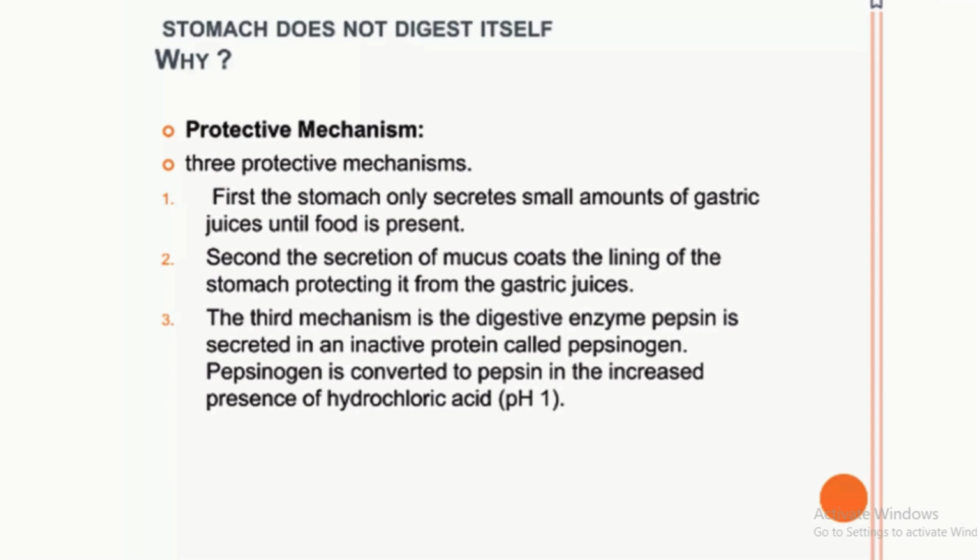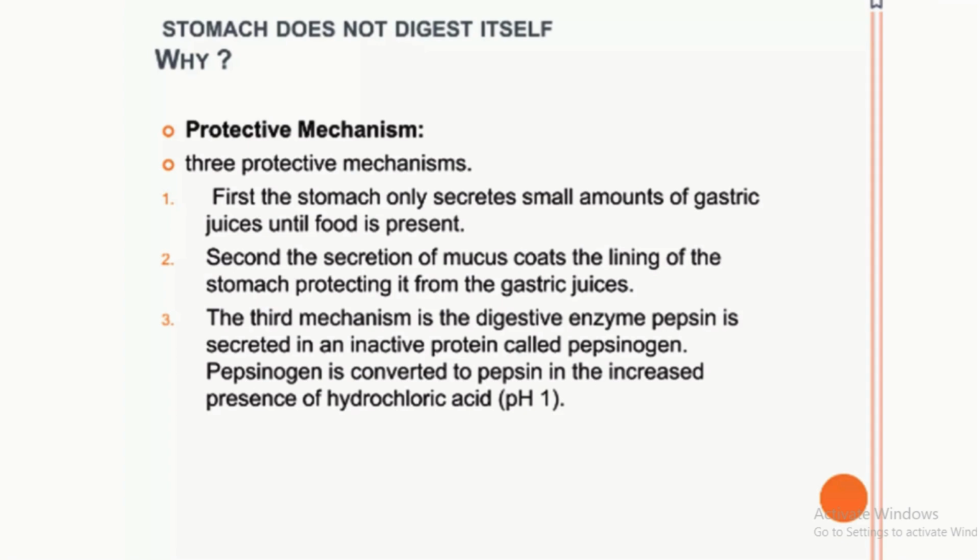Second, the secretion of mucus coats the lining of the stomach, protecting it from the gastric juices. For example, the stomach has a lining which protects it from being digested by the gastric juices. And the third and most interesting answer to this question is that the digestive enzyme pepsin is secreted in an inactive form called pepsinogen.